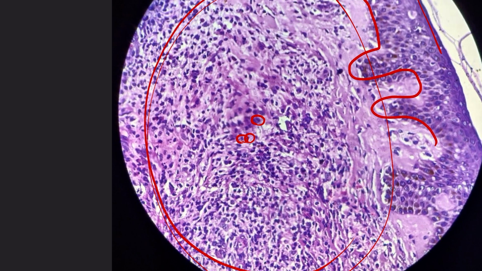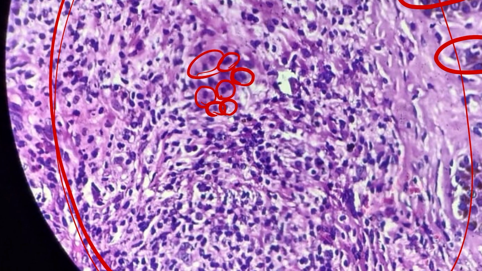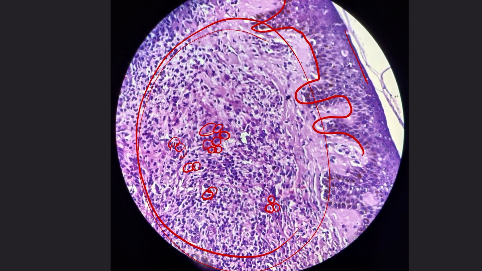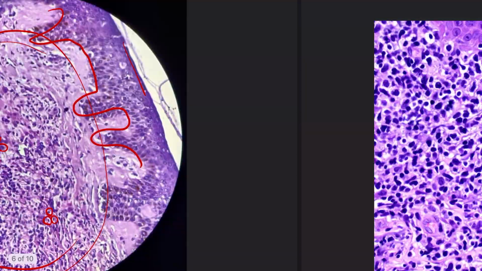Here, in a few of the cells, you can see the nucleus is irregular with more or less open, loosely stained chromatin. This is an atypical lymphocyte. All these are a heavily dense infiltrate of lymphocytes, and it shows irregular nuclear contours and open chromatin in a few of the cells. This is an atypical lymphocytic infiltrate.